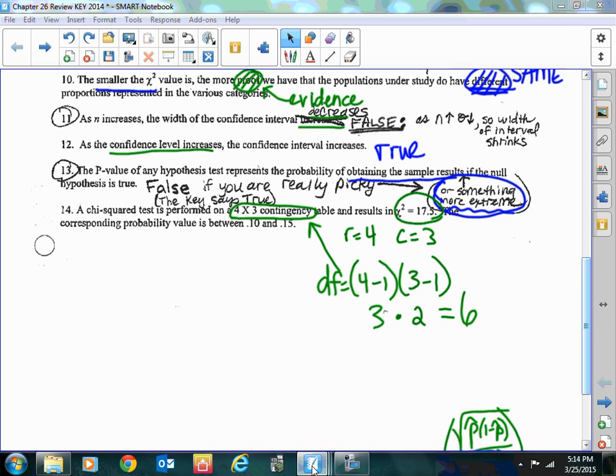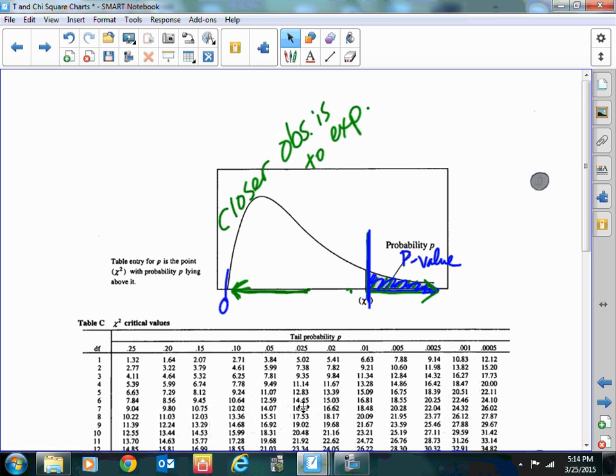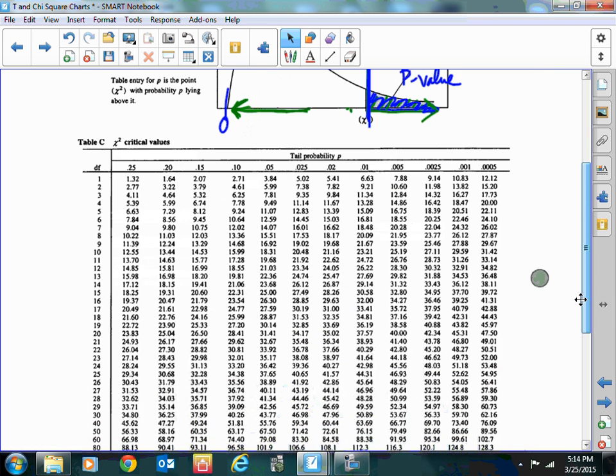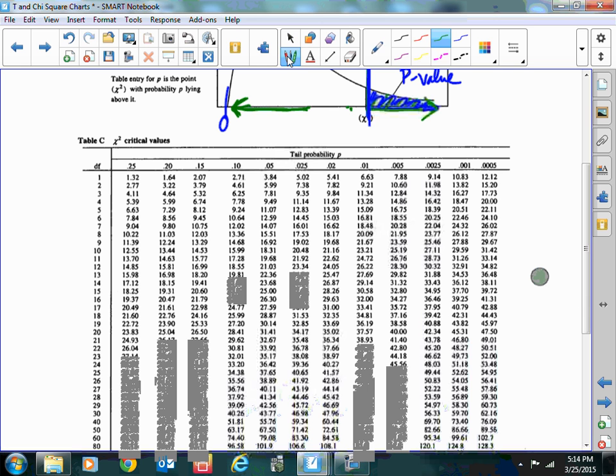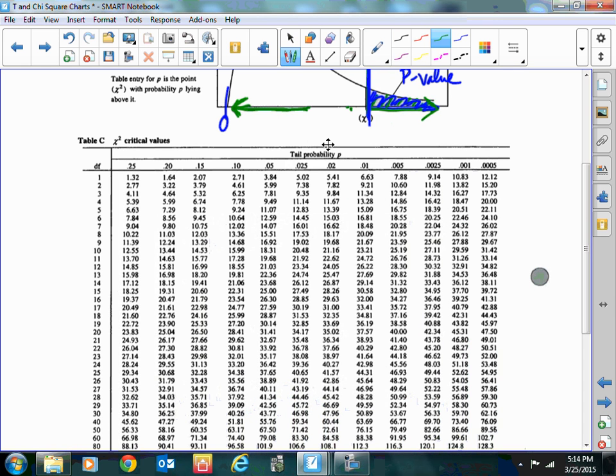So let's go and look at our chi-squared chart. Here we go. We've got ourselves degrees of freedom 6. So here I am highlighting that row with degrees of freedom 6, and 17.5 is right in here. So that is in between a p-value of 0.01 and 0.005.